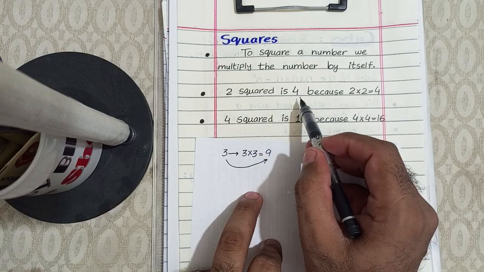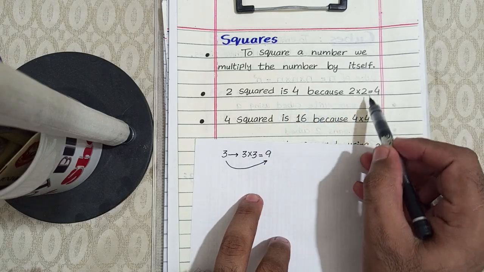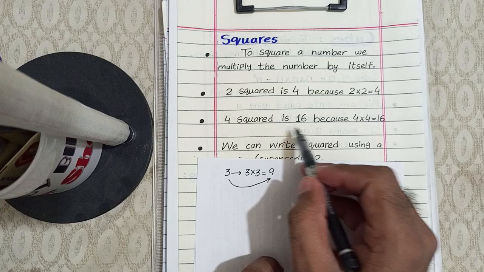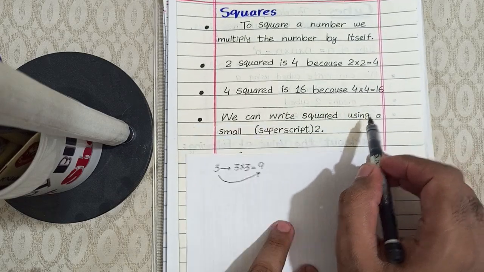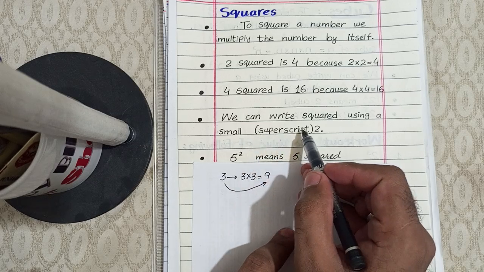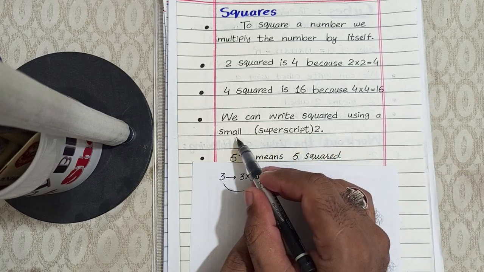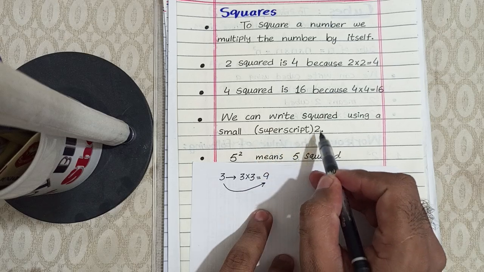2 squared is 4 because 2 multiplied by 2 is equal to 4. 4 squared is 16 because 4 multiplied by 4 is equal to 16. We can write square using a small superscript 2.